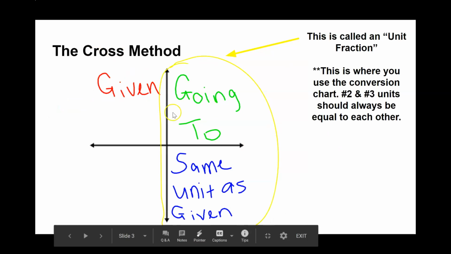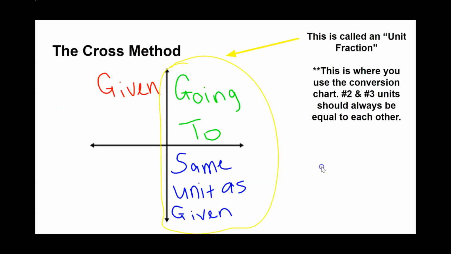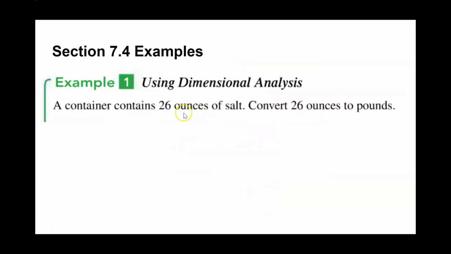So this is just a recap of what we just talked about for the cross method. Again, I want everybody to try to convert themselves. I know everybody does not know the conversion from ounces to pounds, but in 1 pound there are 16 ounces.